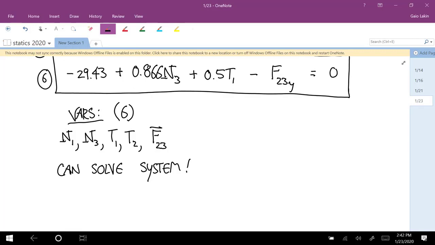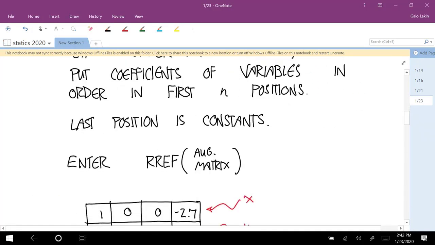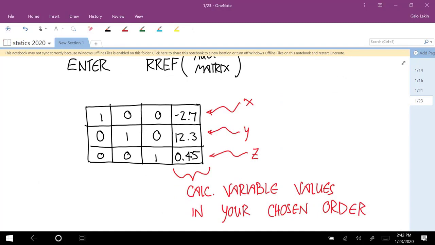The way it would show up depends on the calculator, but one thing to look for is in reduced row echelon form, your answer has to have these. So these are the only things you care about, right? But if you look at this first square matrix, if it doesn't say ones and zeros in this pattern, something went wrong with the calculation.